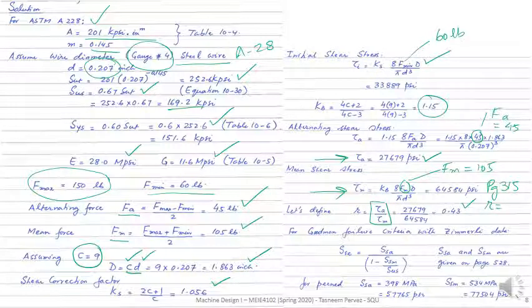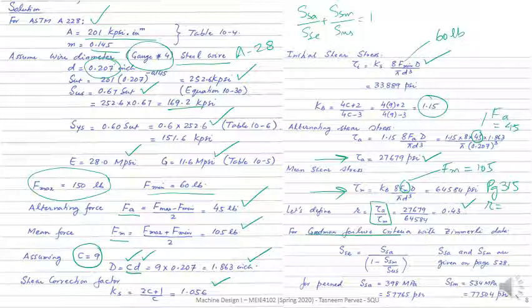And if I use the modified Goodman criteria, you remember the equation I have written on the previous slide: SSA over SSE plus SSM divided by SUS is equal to 1.